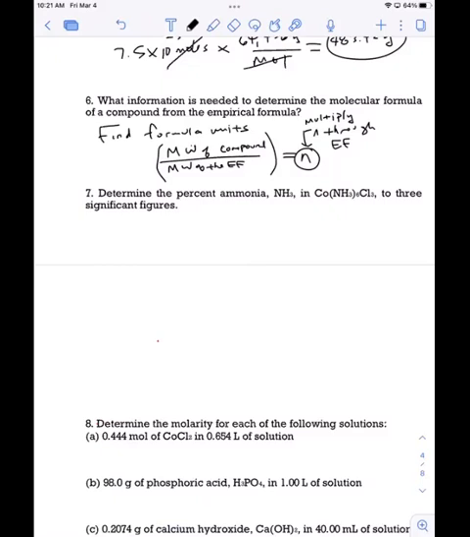It sounds like a lot, but we know how to do both. We know how to calculate the empirical formula, and we know how to determine the molecular weight of any given compound.